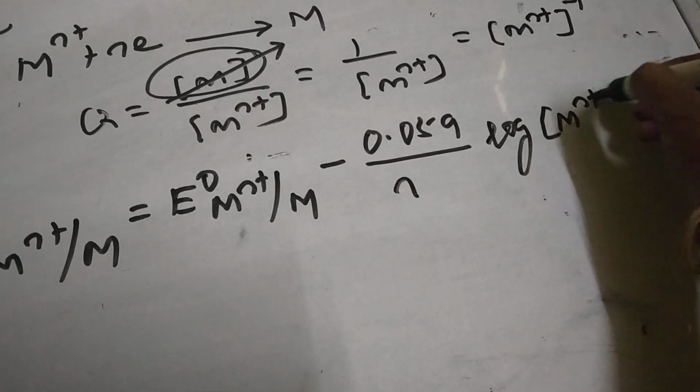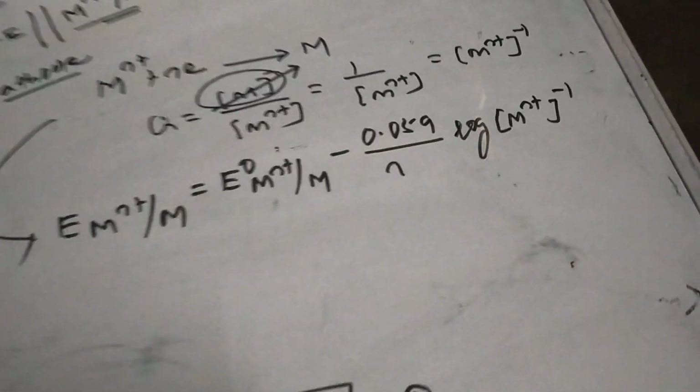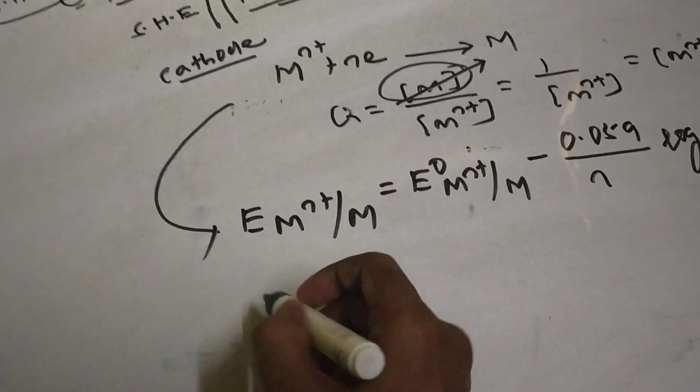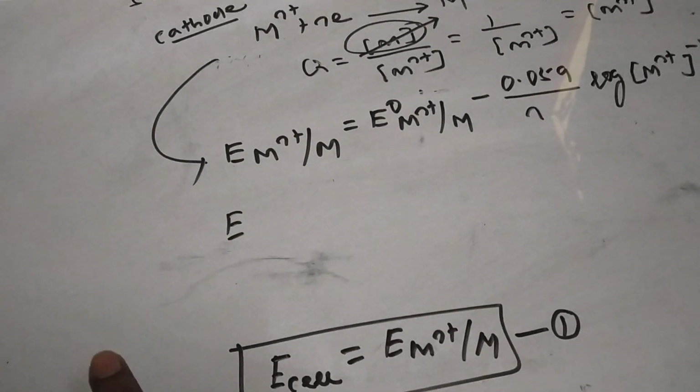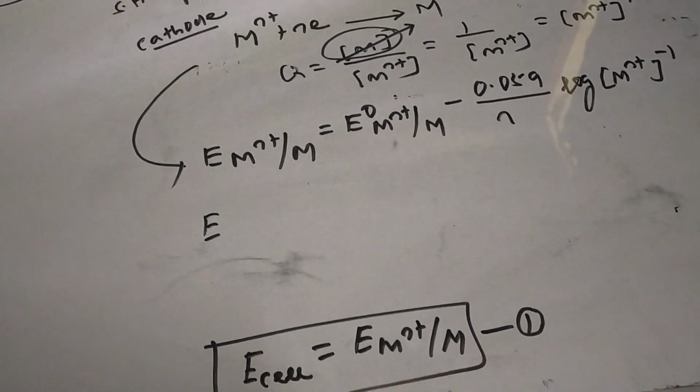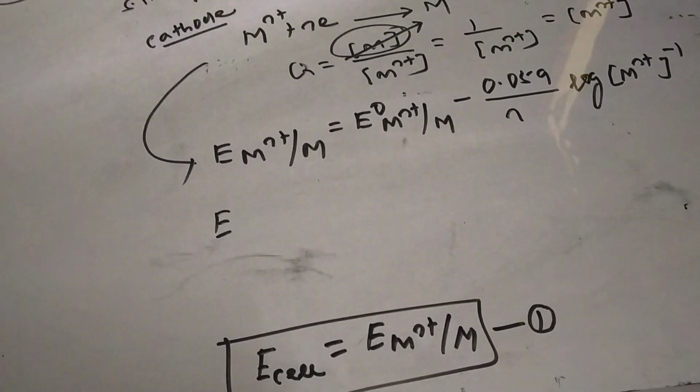That is Mn+ to the power minus 1. Now this E of Mn+ to M is nothing but the E cell according to equation 1.